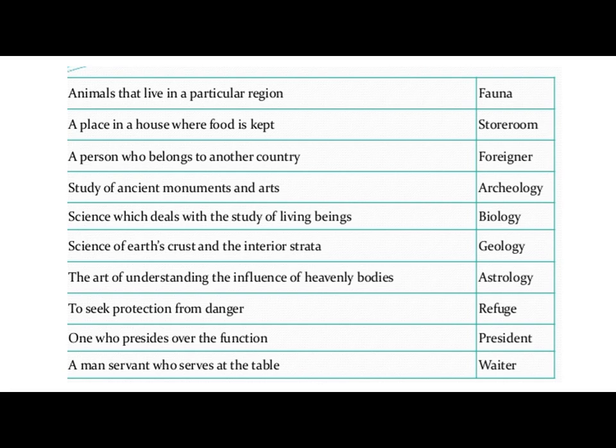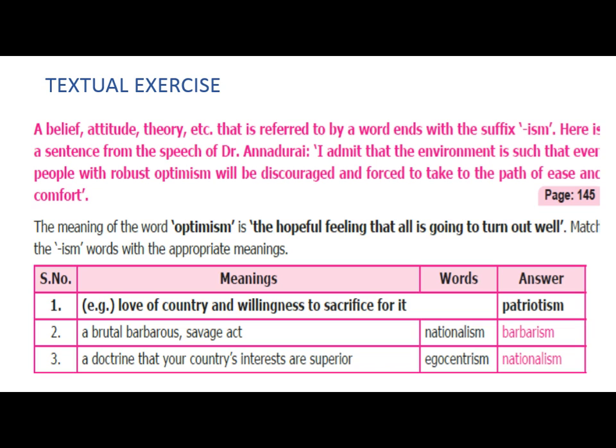Science of Earth's crust and the interior strata: geology. The art of understanding the influence of heavenly bodies: astrology. One who seeks protection from danger: refugee. One who presides over the function: president. A manservant who serves at the table: waiter.